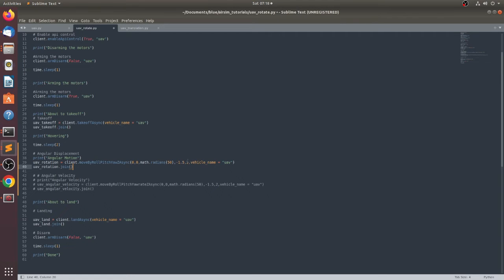And this two here is a time, the time until which the drone should reach the desired location. Think of it as a deadline time, and of course our vehicle name. So by the end of this script, we can see that our drone will rotate around the yaw up to 50 degrees. So let's go ahead and execute it.